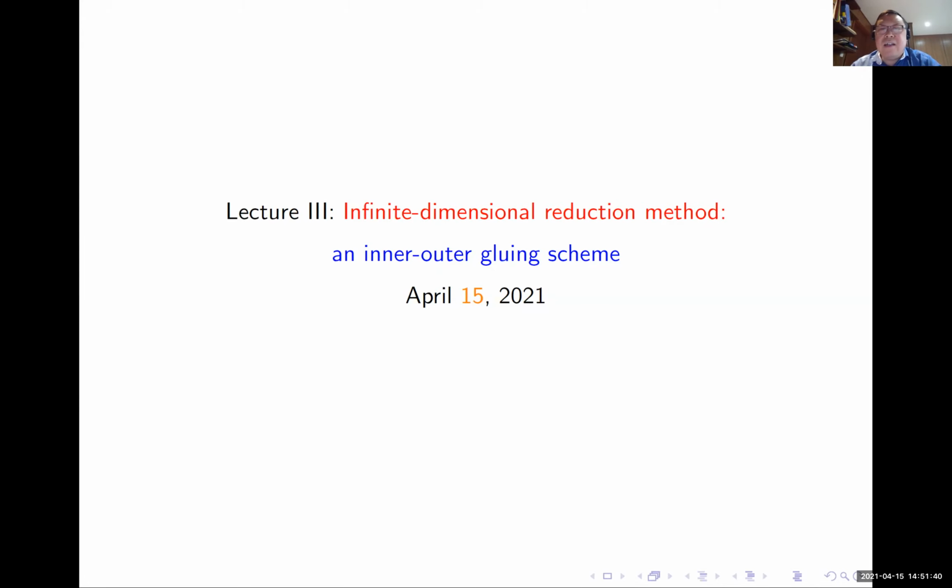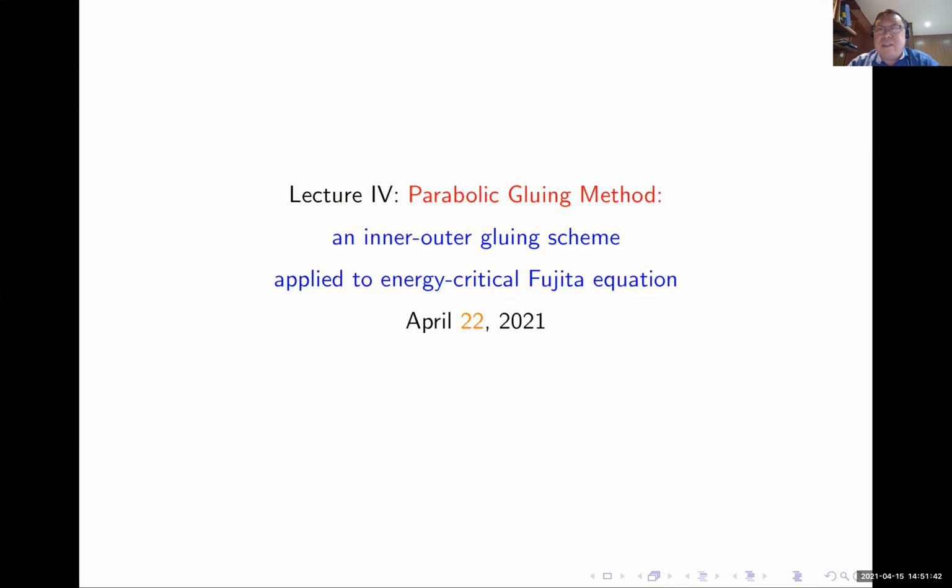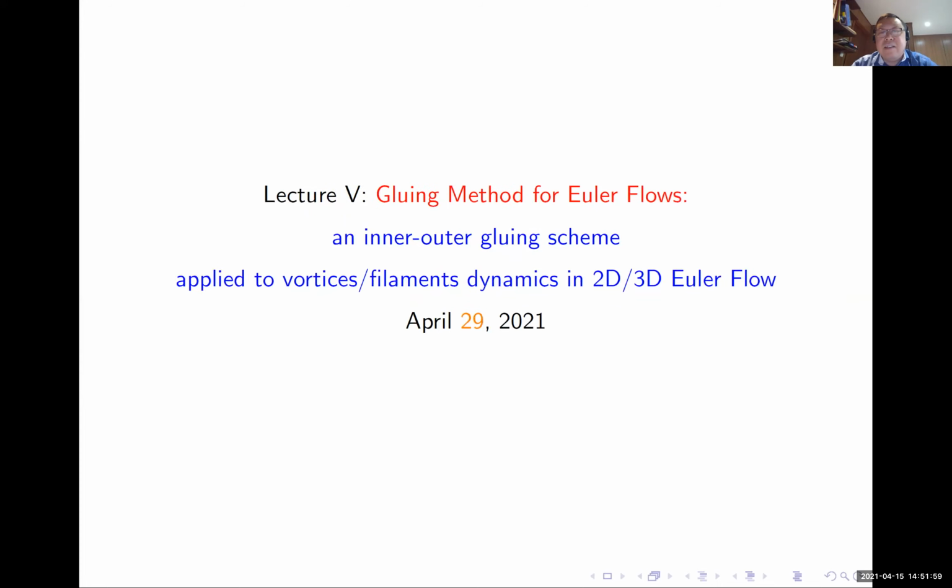And just as advertisement for the next two lectures: next week, I will talk about the parabolic gluing, the inner-outer gluing applied to the energy critical Fujita equation. And in the last lecture, I will discuss the inner-outer gluing scheme applied to Euler flow, to fluid equations.